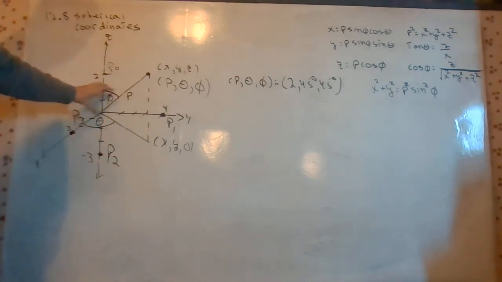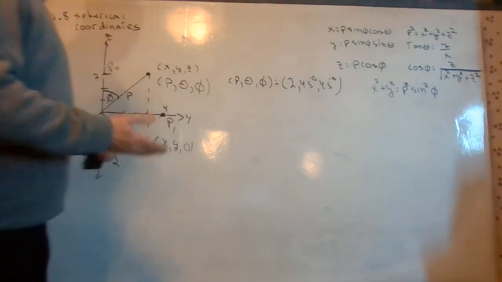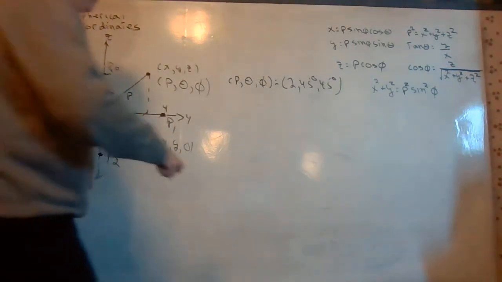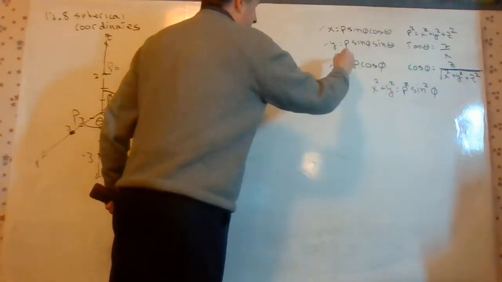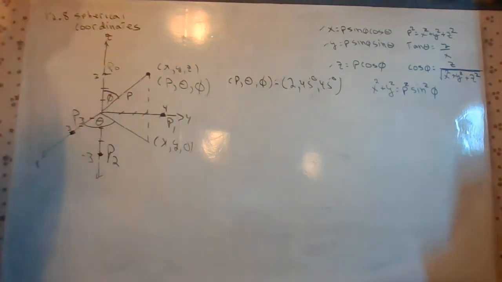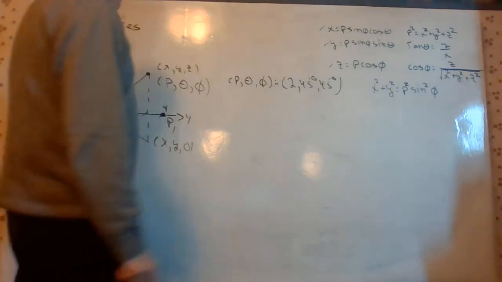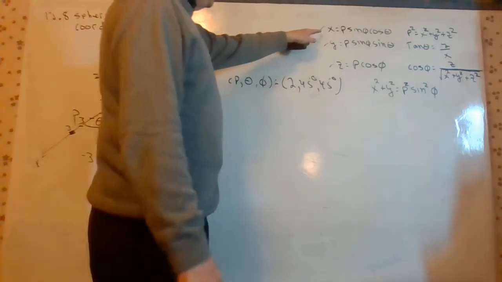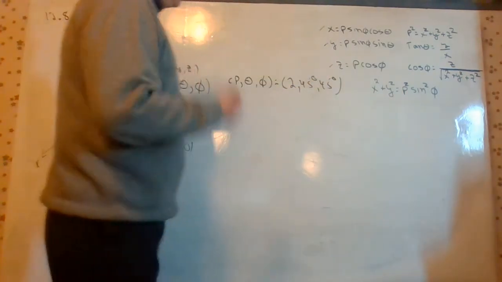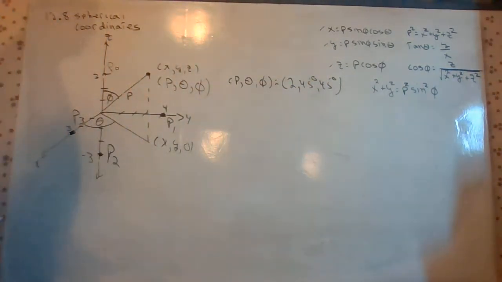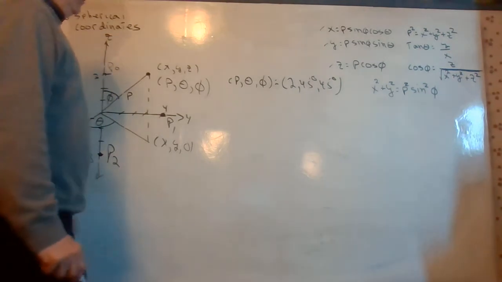We would be somewhere here in space. And we want to know what the rectangular coordinates are. Well, we can simply use these equations. I'll explain in part 2. I'll derive these for you. I'll explain where the equations come from. For now, let's just go ahead and use them.